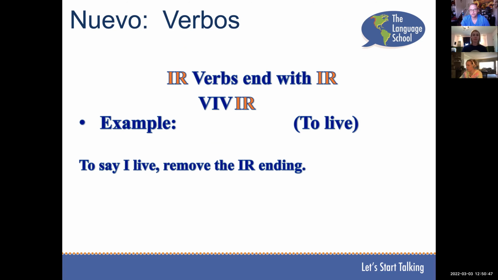Now for the final regular verb type, which is called an IR verb because it ends with IR. Vivir is an example, which means to live. If you want to say I live, the first step is to chop off that IR ending and we get our base, viv.